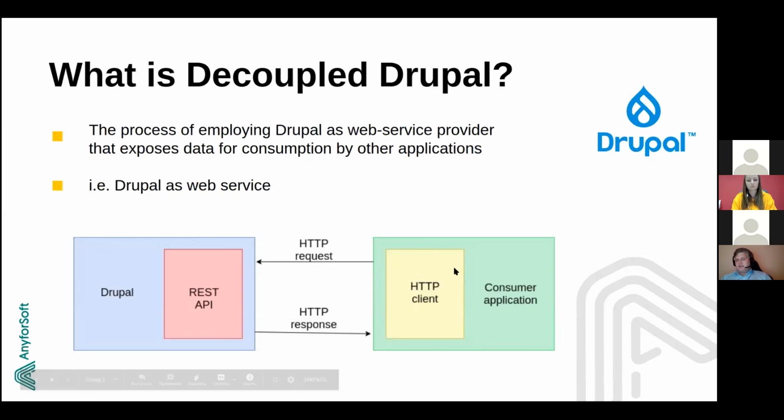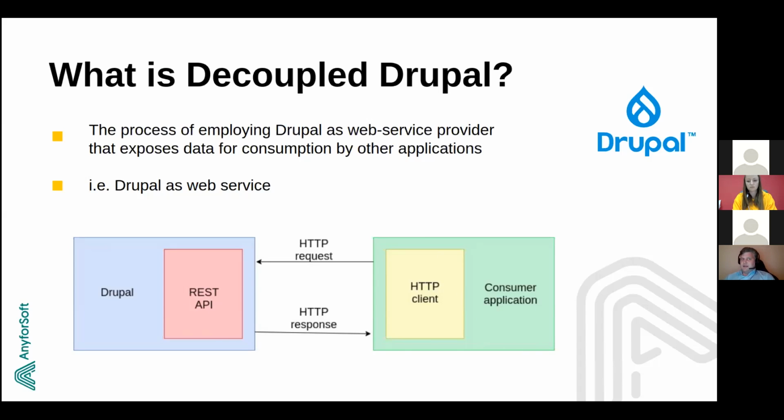This HTTP client sends HTTP requests to the REST API, and after data processing by Drupal, it sends responses to the consumer application for displaying all the processed data to the end user. This is, in simple words, how decoupled Drupal works.